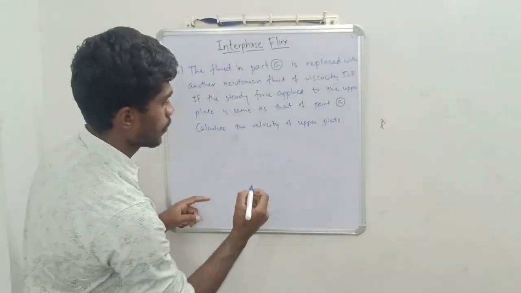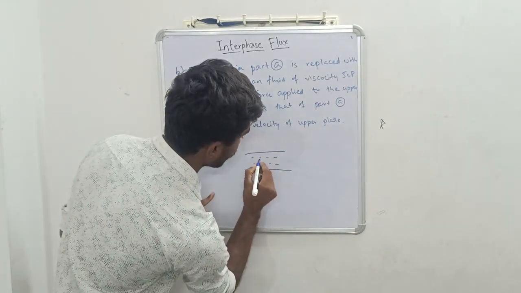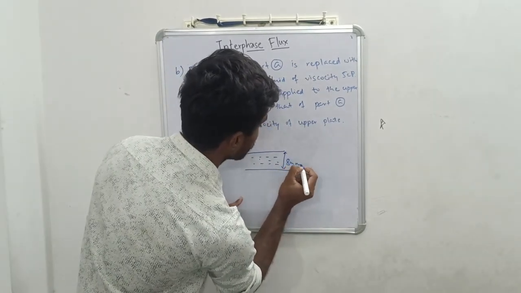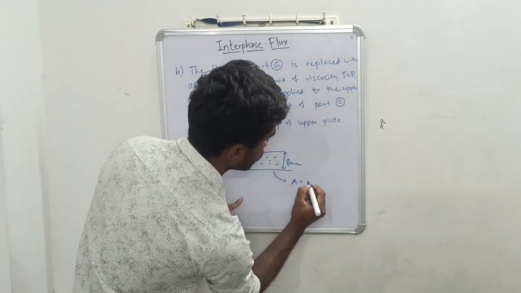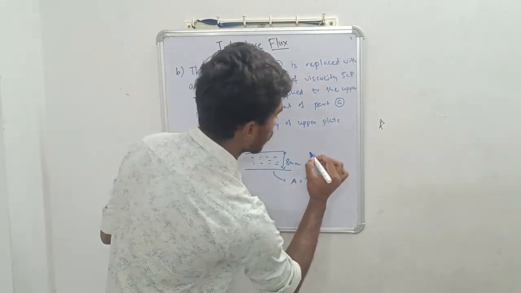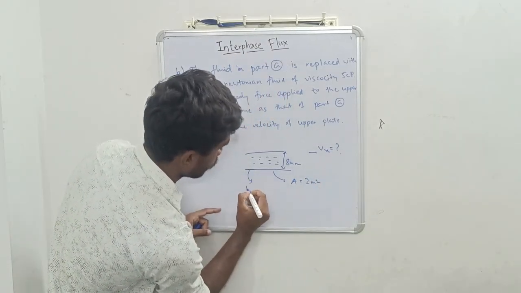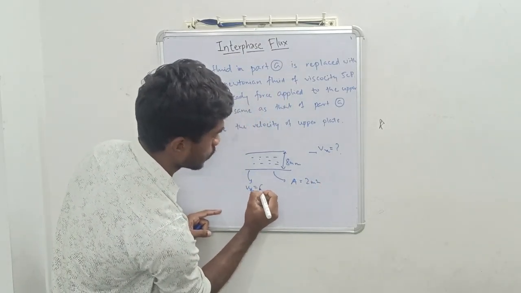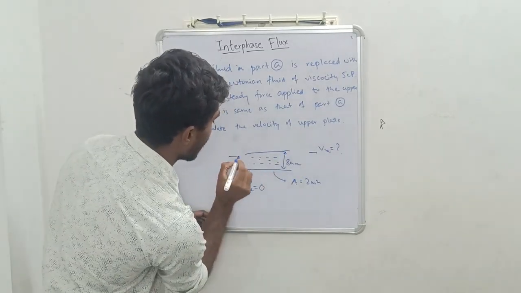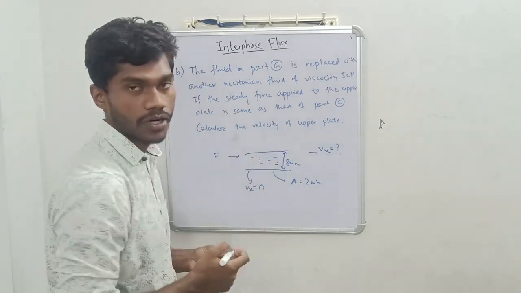So as we know, we have two plates and fluid between them. The separation is still 8 mm and area is 2 meters square. But now we have to calculate Vx, while Vx of lower plate is 0, means it is stationary, and we have given force, which is from the last part of the question.